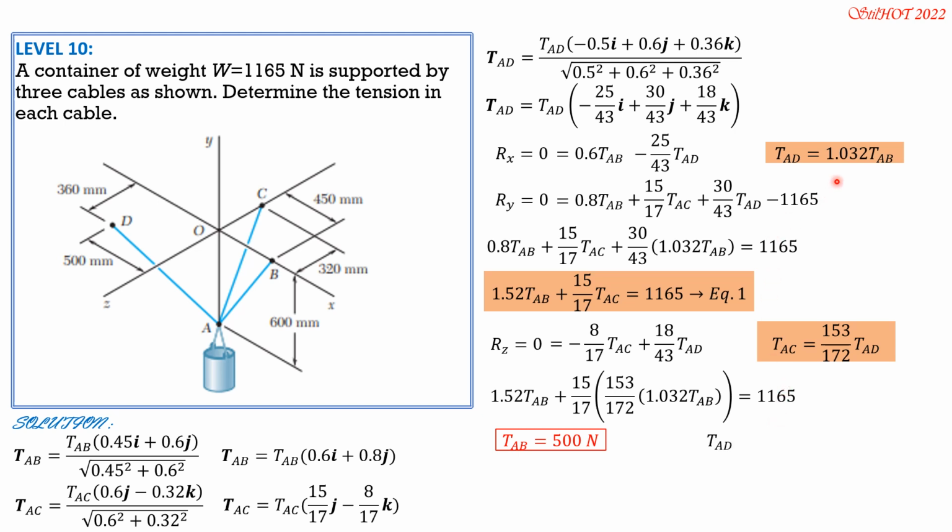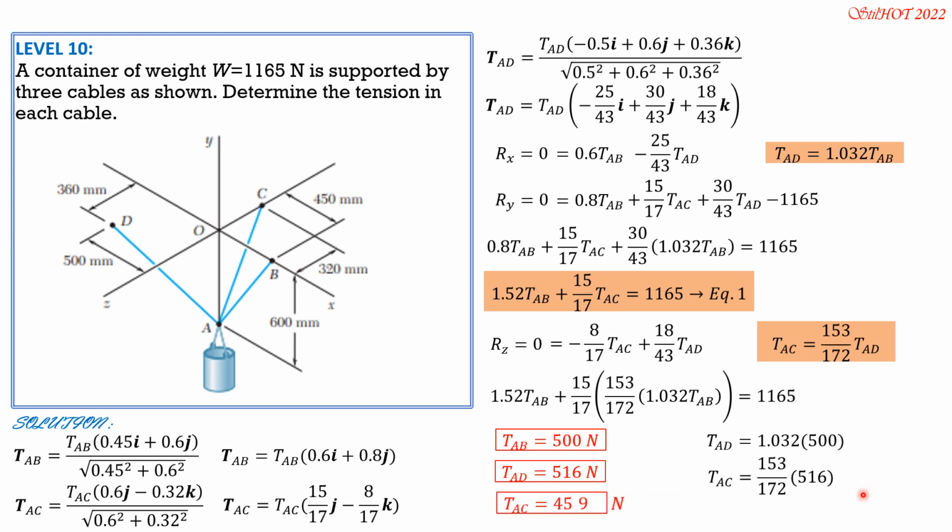Next, tension AD is 1.032 of 500, so tension AD is 516 newtons. Then finally, tension AC is 153 over 172 of 516, so tension AC is 459 newtons. So that's it for this problem.